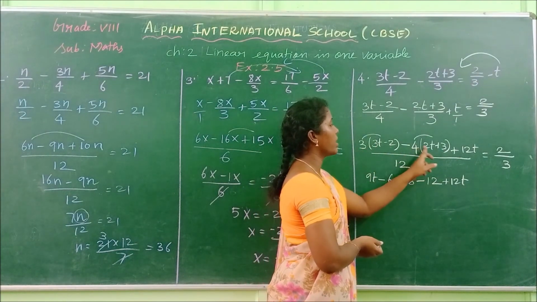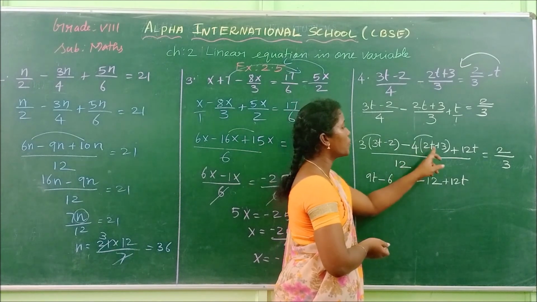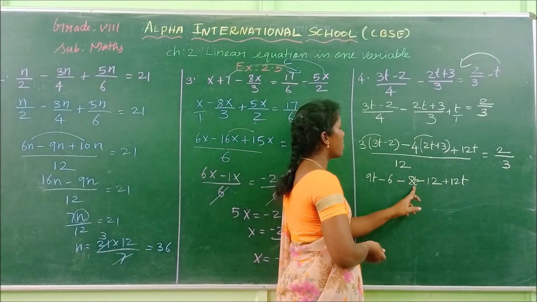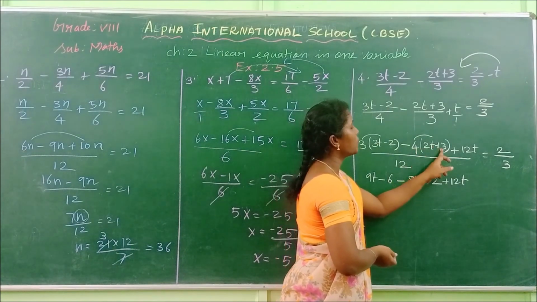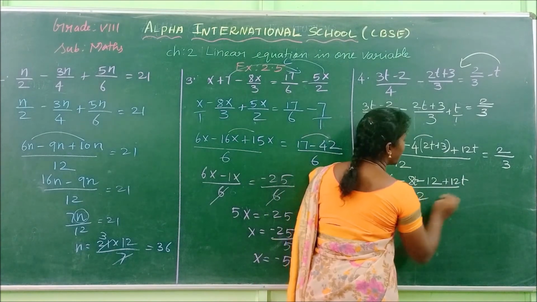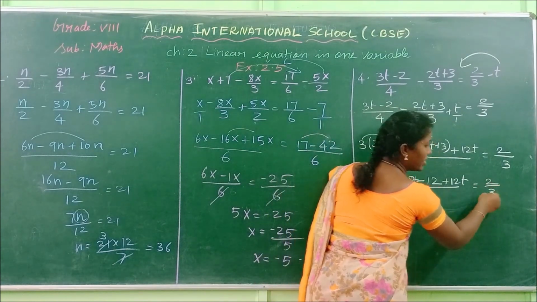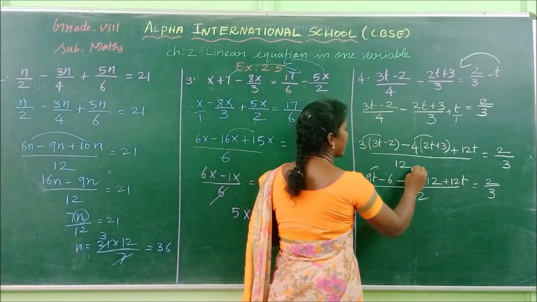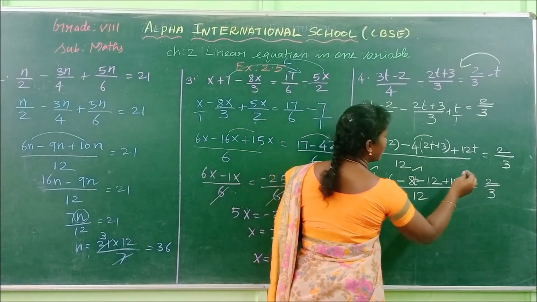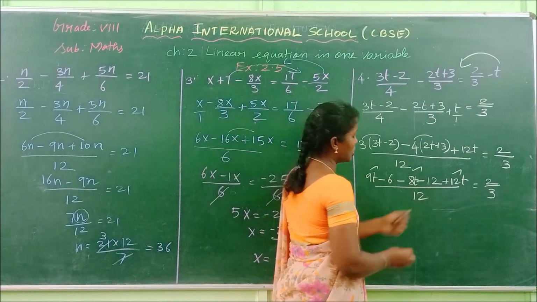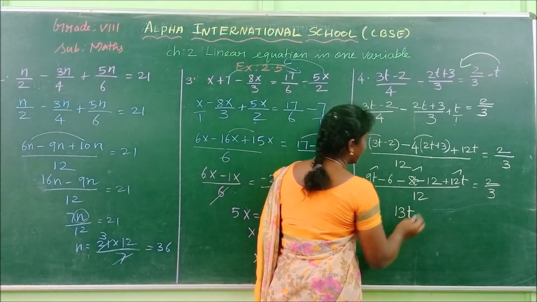With minus 4 into 2t minus 8t and minus 4 into 3 minus 12 plus 12t by 12 is equal to 2 by 3. Now listen, we have to take 9t minus 8t and 12t. Isn't it? So 9t minus 8t plus 12t. Totally we are getting 13t.